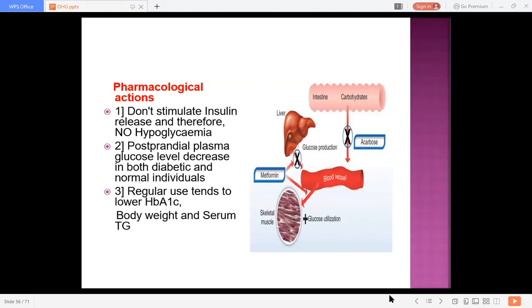Acarbose thus inhibits the absorption of carbohydrates but not of glucose, because acarbose does not interact with the intestinal sodium dependent glucose transport.